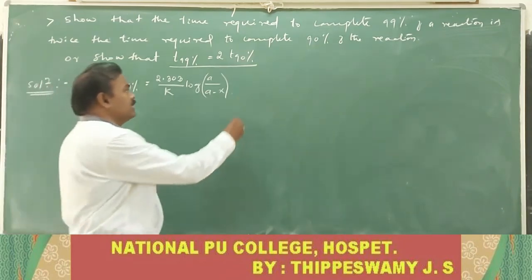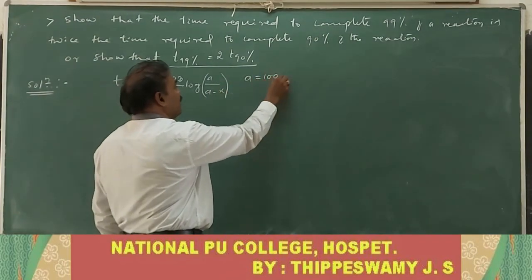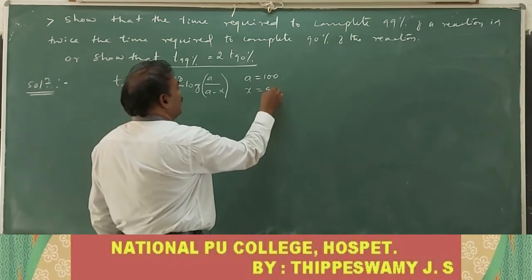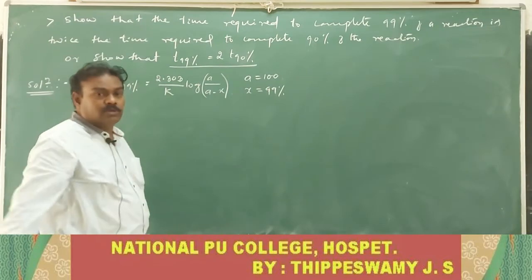A is the initial concentration, we take it as 100%. X is 99, since 99% of the reaction is completed.